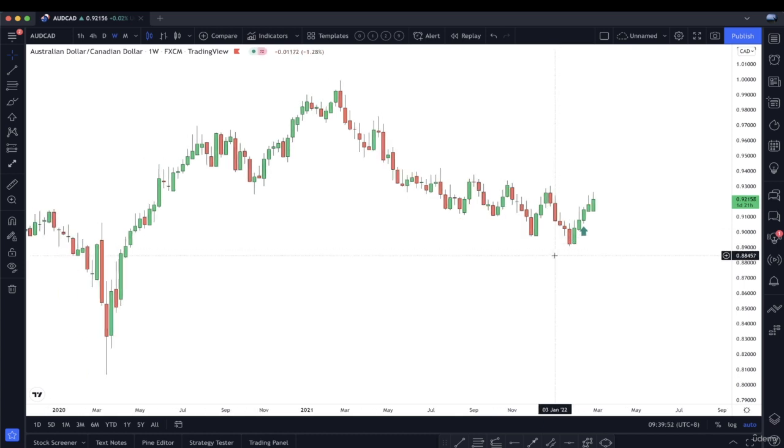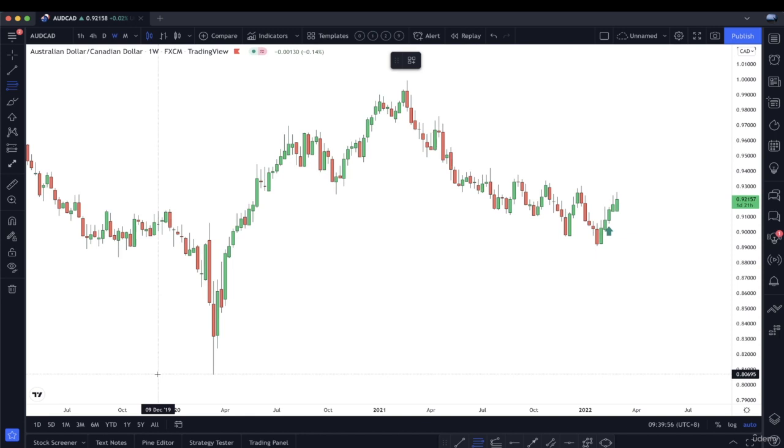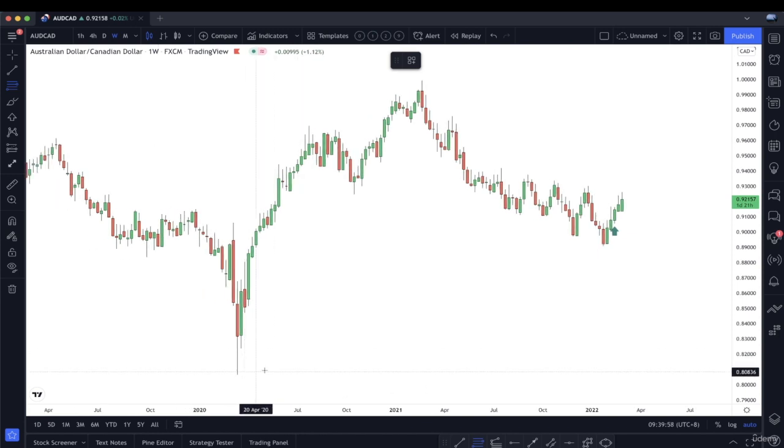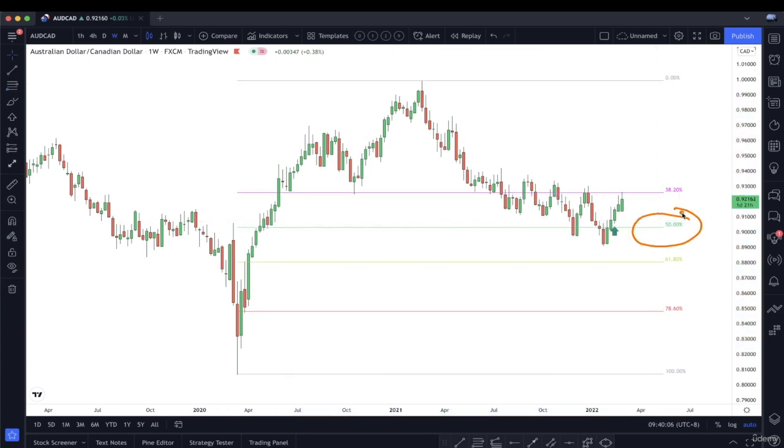Now, as per our level, remember that we can also use Fibonacci retracement. So we can plot our fib from this low to this high. At that time, price is testing 50%, the 50% retracement.